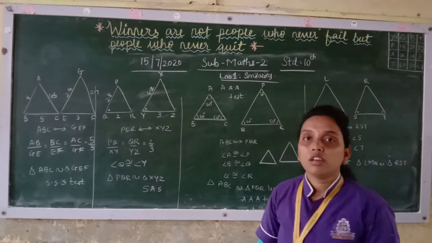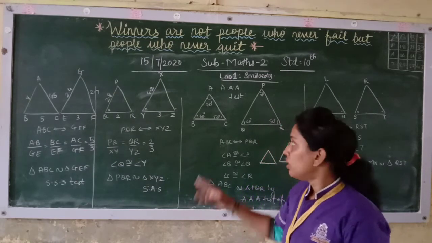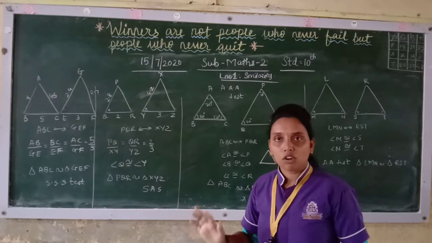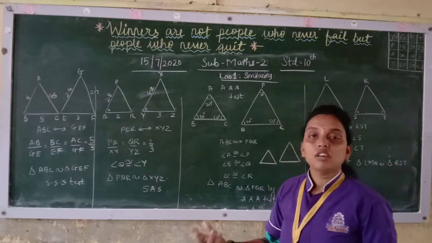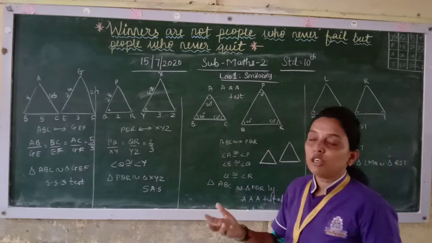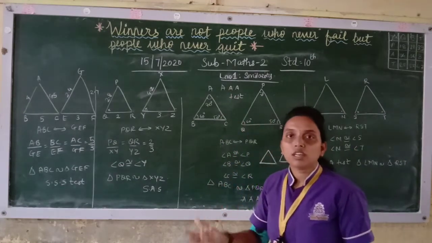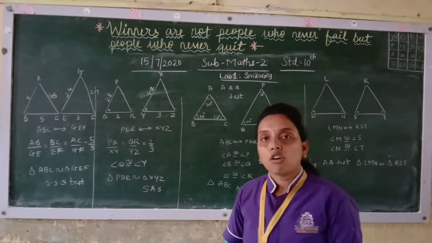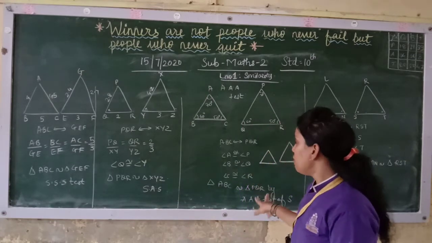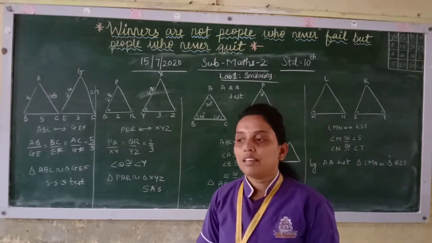So one criterion is the angle test. If you are able to show all the three corresponding angles are congruent to each other, the triangles will be similar by the AAA test of similarity.